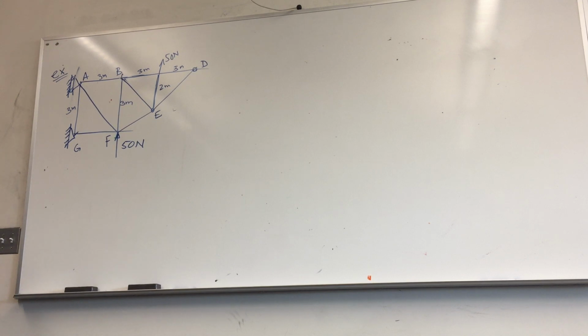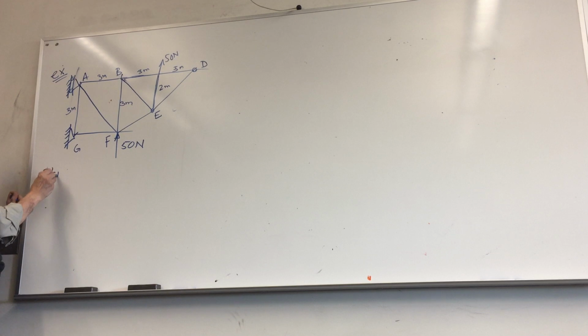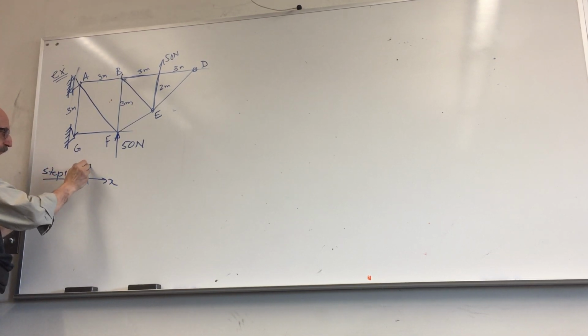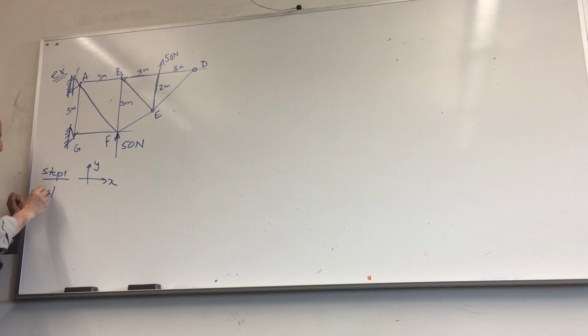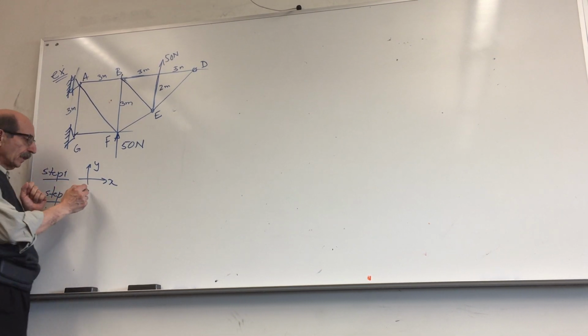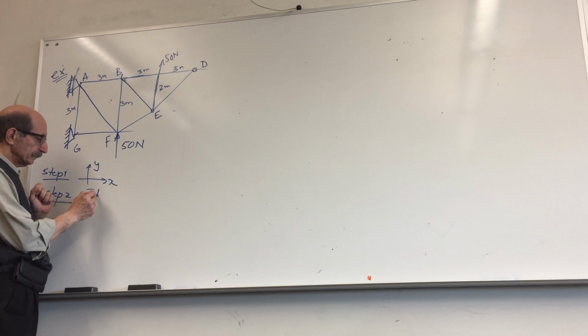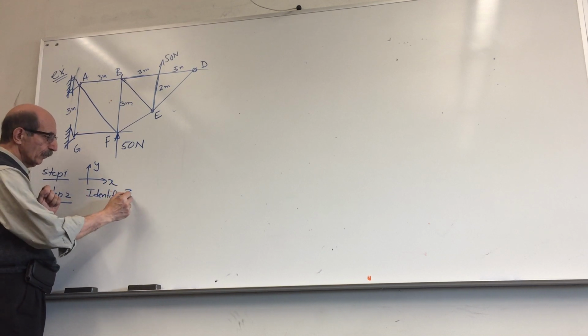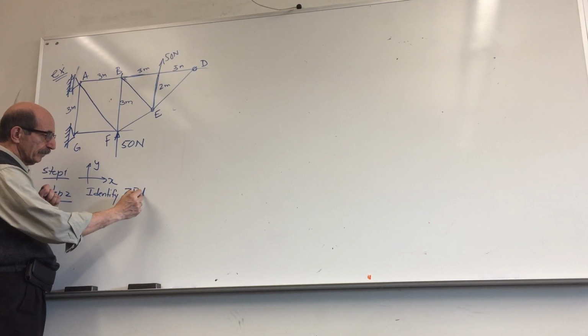Okay. So, step one was what? The method of joints. Set up your X and Y coordinates. Step two is the heart of doing a truss problem by the method of joints: identify what? The number of unknowns, which will be zero force members.